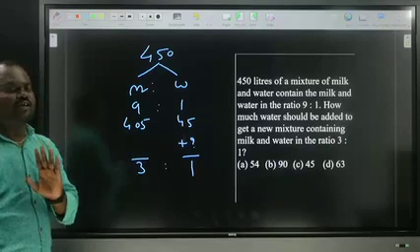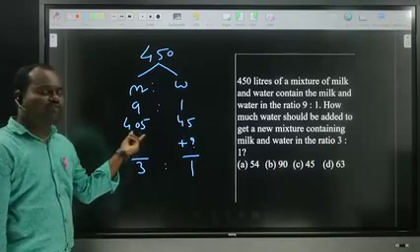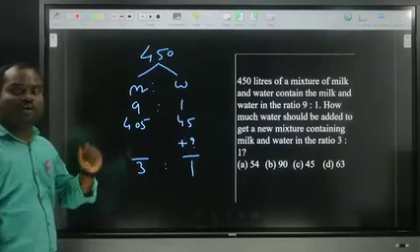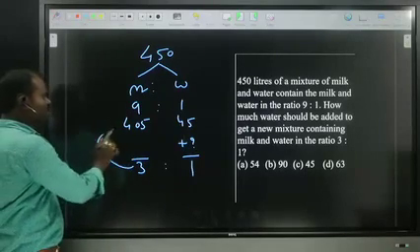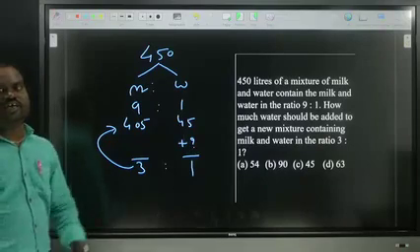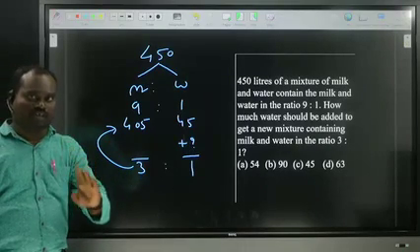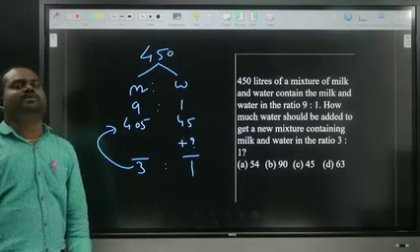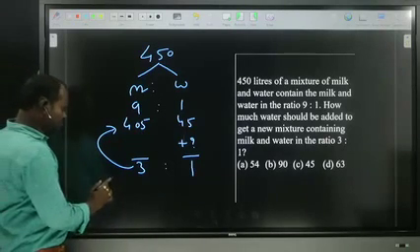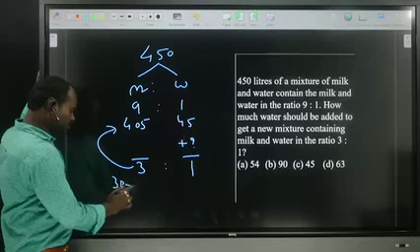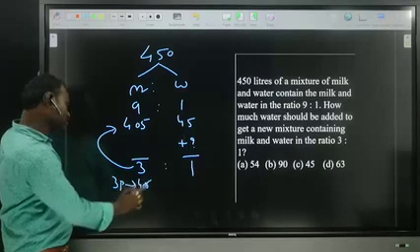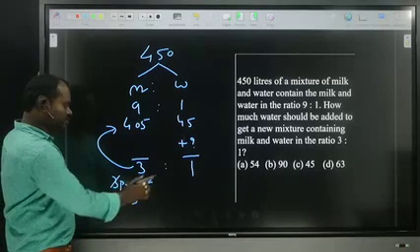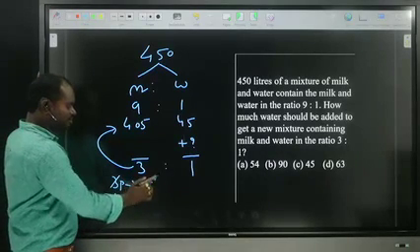Milk is as it is, 405 liters. Milk is 3 parts, so 3 parts means 405 liters. What is one part? 405 divided by 3 is 135.